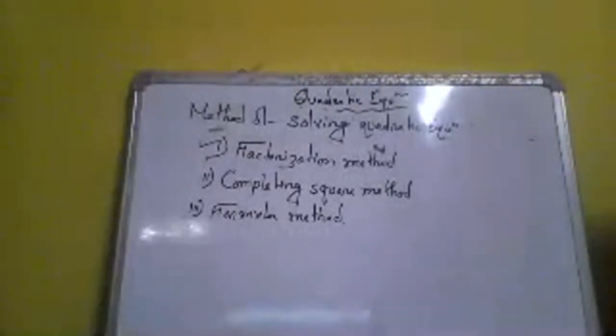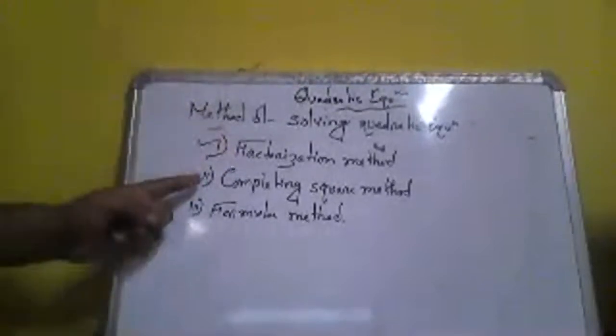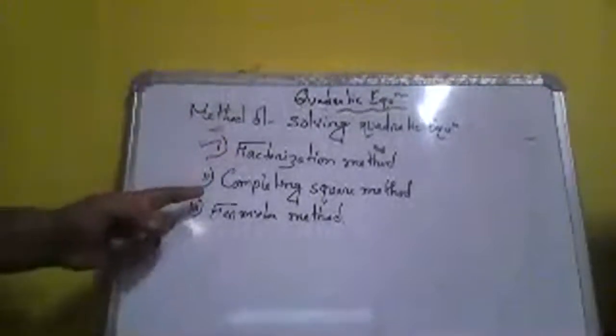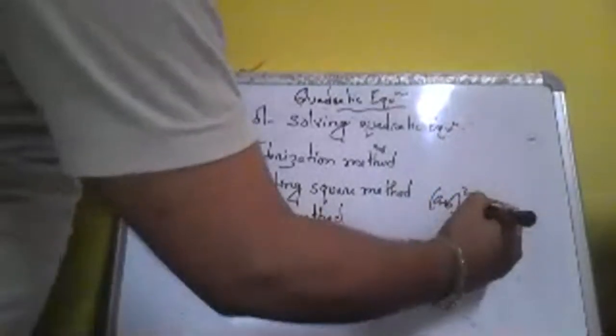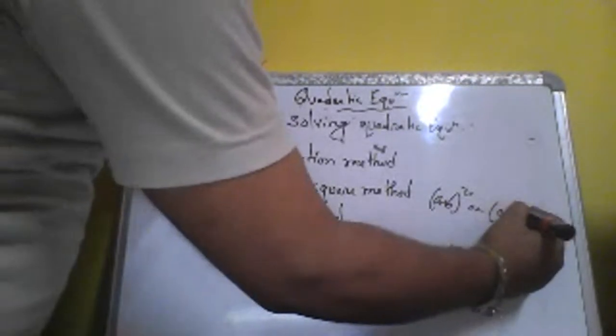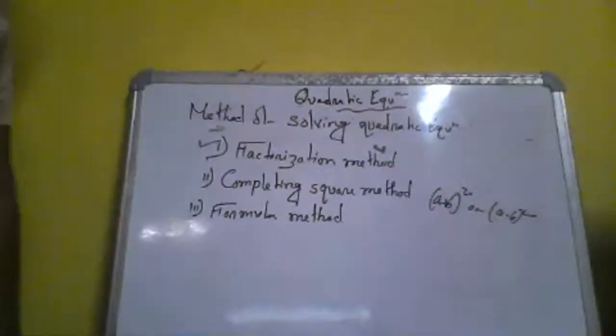Middle term factors, you know, and the completing square method. In this method, we use the a plus b or a minus b whole square formula. We convert the equation into a plus b whole square or a minus b whole square, and after that we find the value of x.